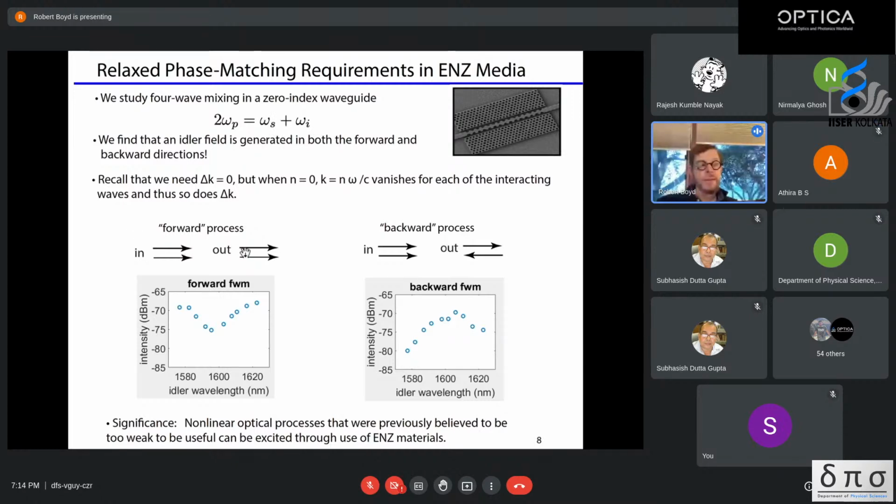Now, you expect the signal and the idler to be emitted in the forward direction, because that's what standard phase matching would tell you. But we find that with the two pump photons going in the forward direction, we see processes in which the signal photon is in the forward direction and the idler is in the backwards direction.